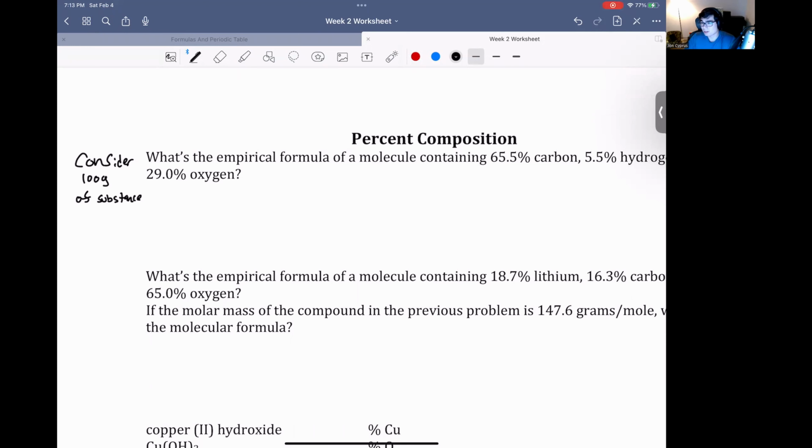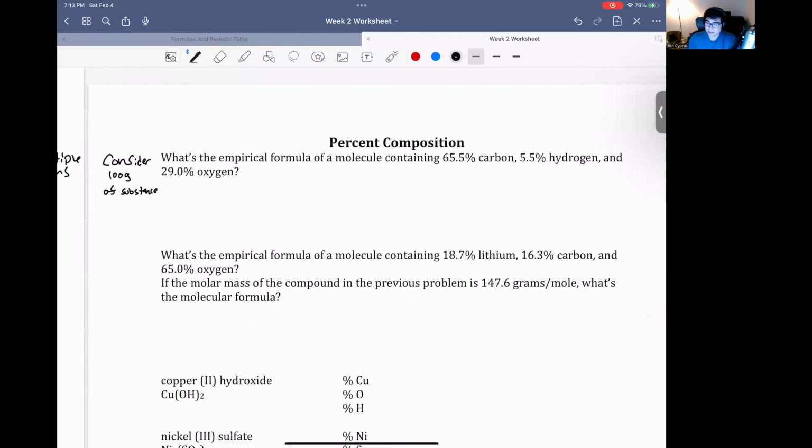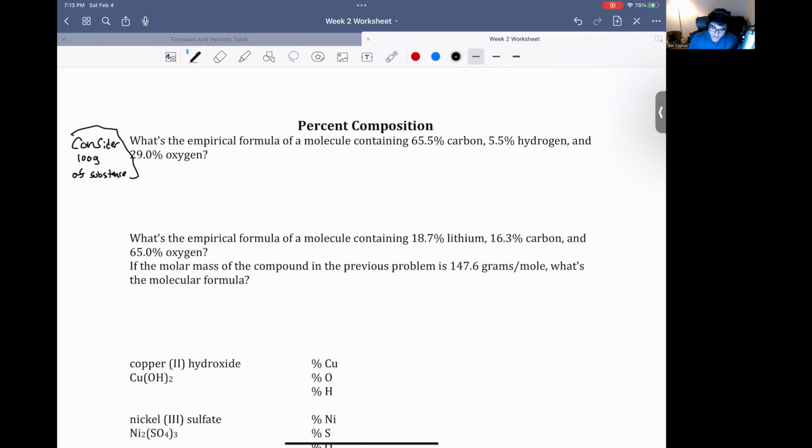You could use 32.356 for the whole substance, it's just going to be more annoying to do the math. The reason I'm using 100 is these are all percents, and percents are out of 100, so it makes your life easy. So considering 100 grams of substance, we're going to first convert all of these into moles.